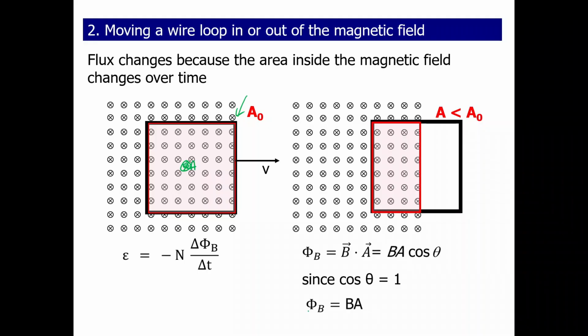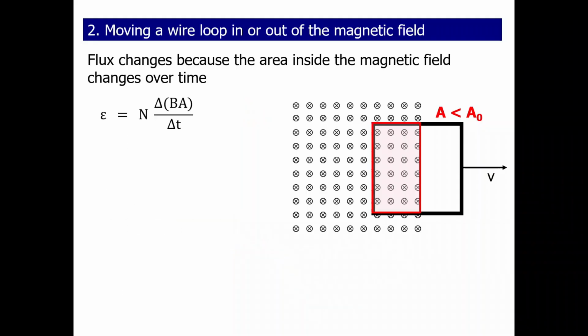So then if you plug that in over here, in this case, we're actually keeping B the same. So when you do your change of BA, the B is actually constant. So we can pull the B out. So we get N B delta A over delta T. Notice I've gotten rid of the negative since I'm only worried about the magnitude here. And then we get the change in A over change in time.